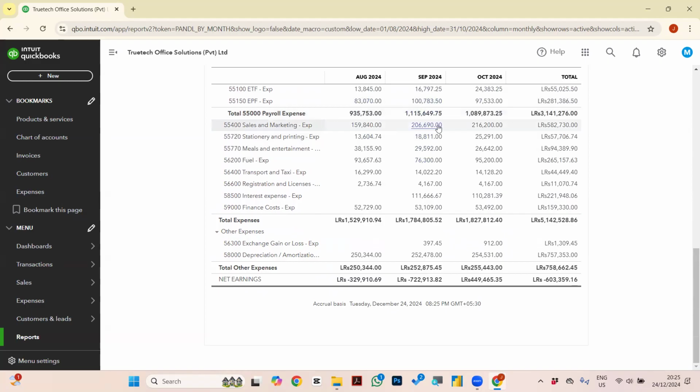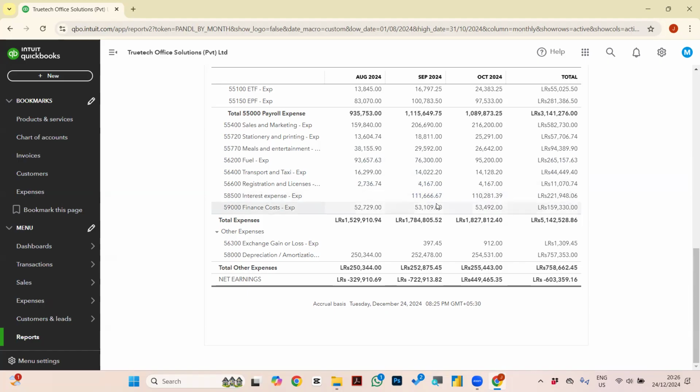You see sales and marketing expenses increasing, stationery, meals and entertainment. It's slightly lesser now. Maybe at the beginning parties were there. Fuel expenses, it's actually higher. In the middle, it was slightly less. Transportation and taxi, similar. Registration and license, similar, because that's from the prepayment we are taking.